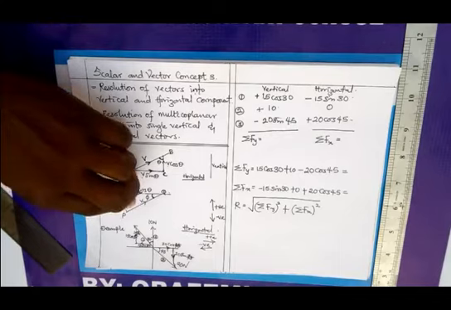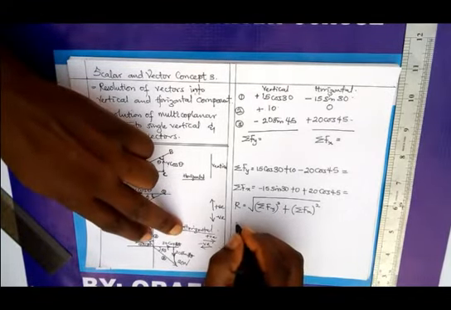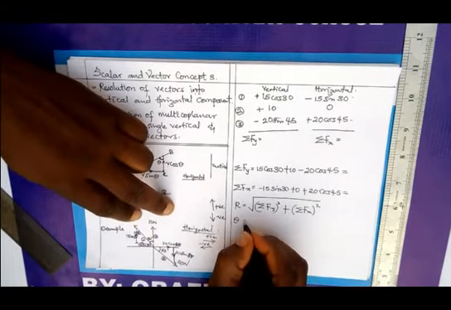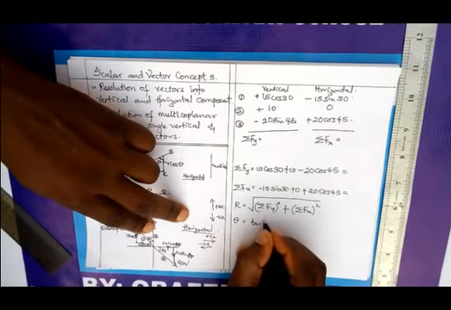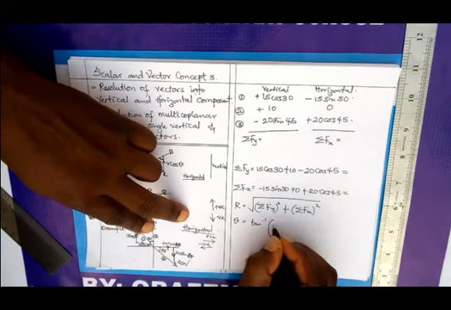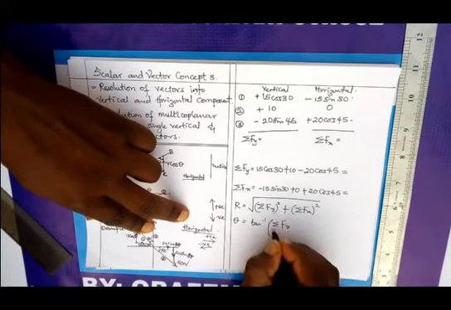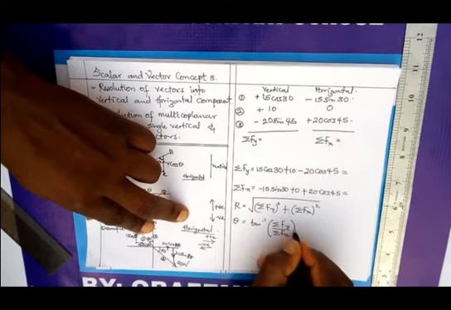Then remember, it is a vector quantity, so it must have direction. The angle it makes with the horizontal is arctan of the summation along the y-axis over the summation along the horizontal.